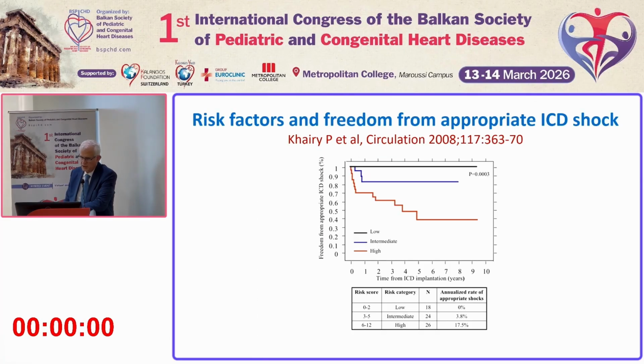If the risk score was between 0 and 2, the incidence of appropriate shocks was 0. If the risk score was 3 to 5, it was an intermediate 3.8, but if the risk score was more than 6, it was associated with a much higher incidence of appropriate shocks.